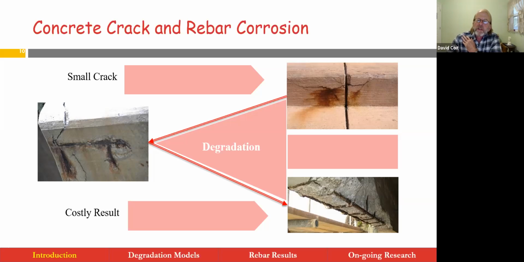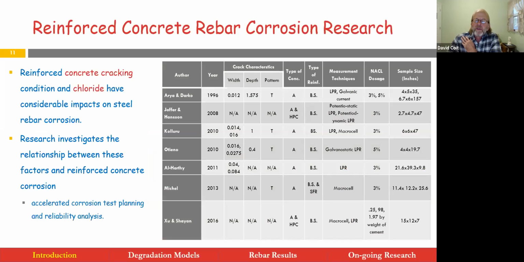And those are the things we're studying. So what influences the rate of corrosion? Well, here's a list of some journal papers. I think my students assembled them, but they got them from Professor Nassif's student Hassan.